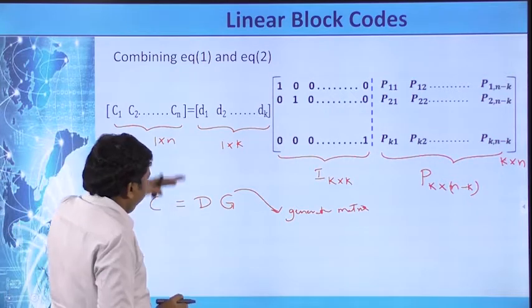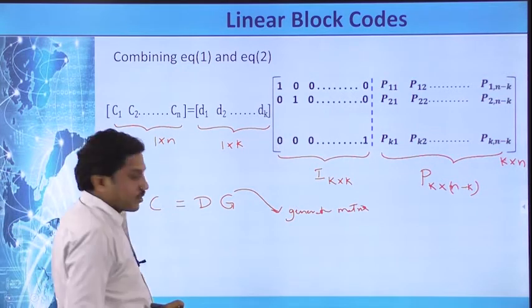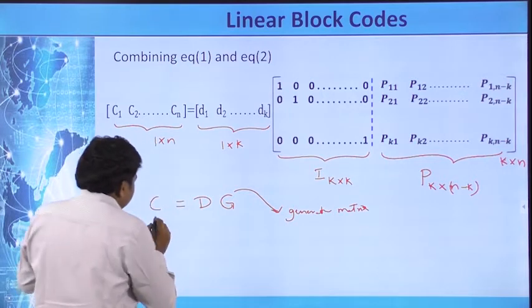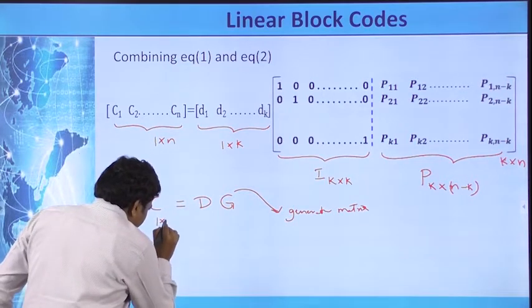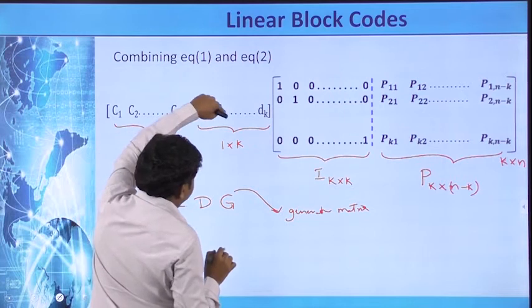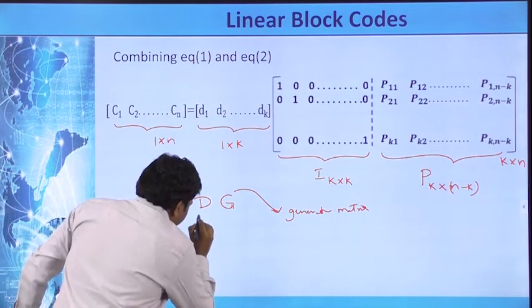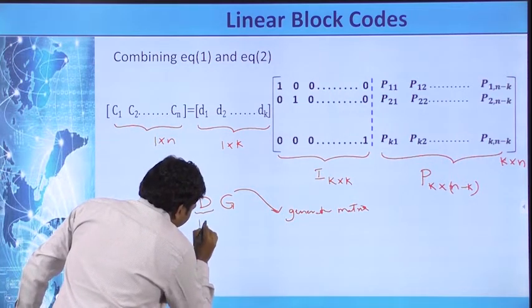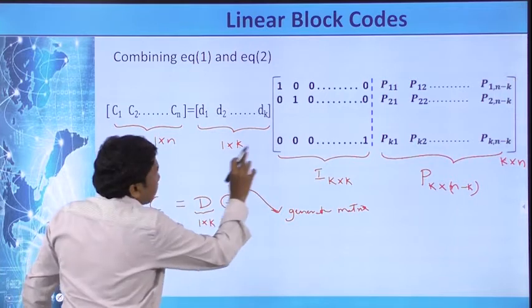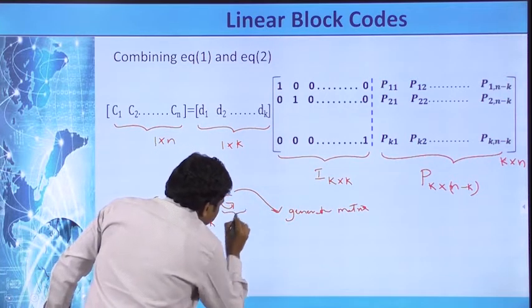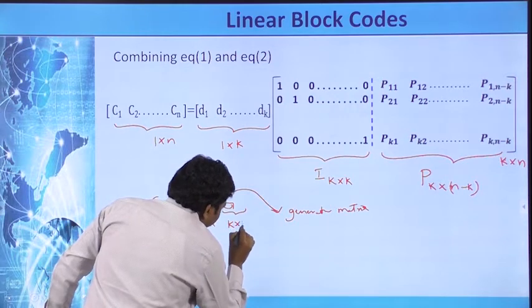Now, what is the order of these matrices? The order of C is 1 by n, whereas the order of D is 1 by k, and the order of G is k by n.